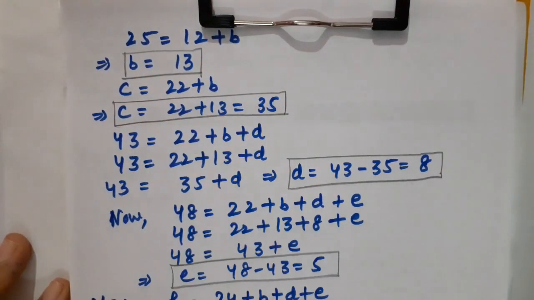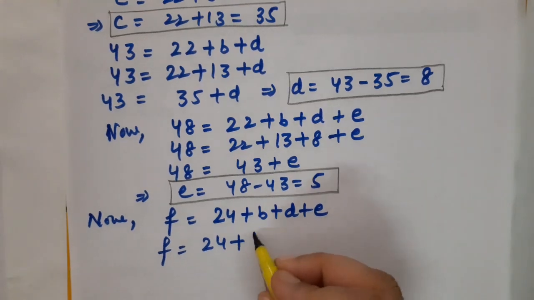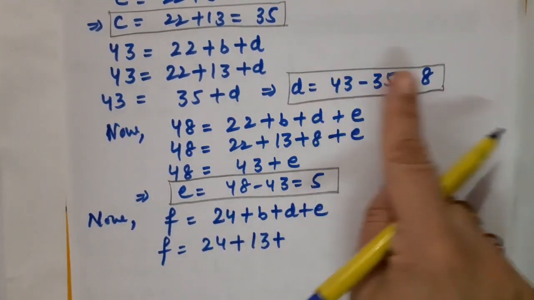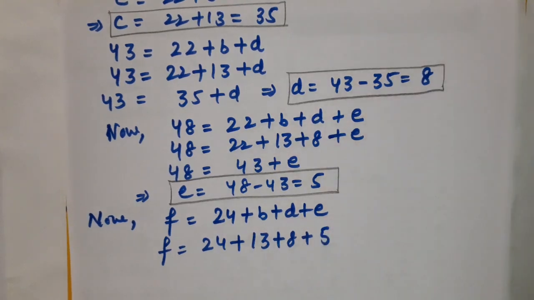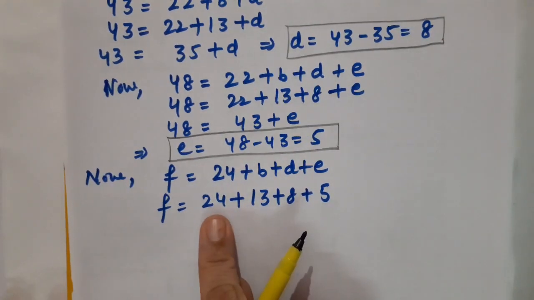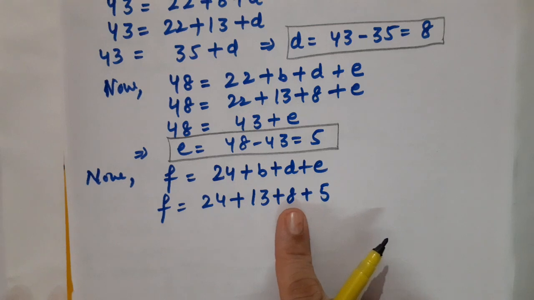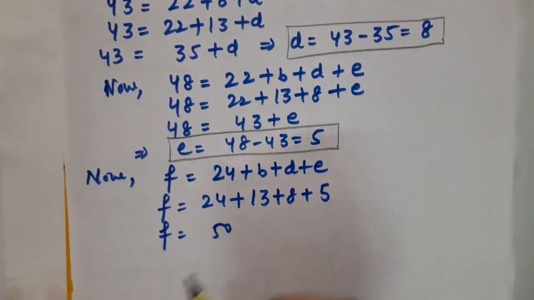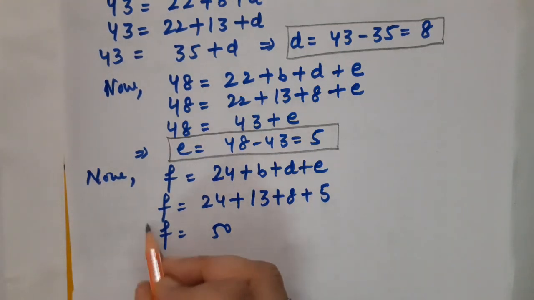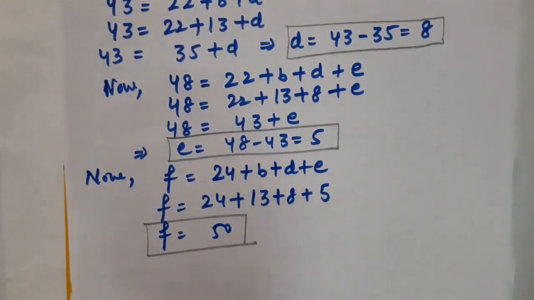B is 13. Plus, what is D? D is 8. E is what? That is 5. So 24 plus 21, that has become 45 plus 5. It has become 50. So let us put it in the box.